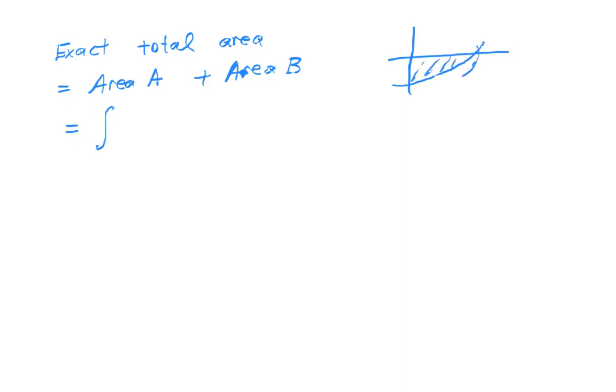Because it's below, I prefer to integrate from ln 5 to 0, so that I won't have the issue of the negative sign. So that's how I'm going to write my area A. Use graphic calculator, no problem, you can do whatever. Okay, so plus integrate from ln 5 to 2, e to the power x minus 5 dx.